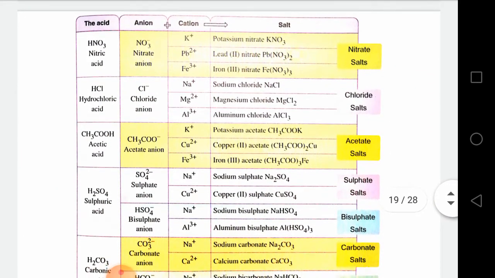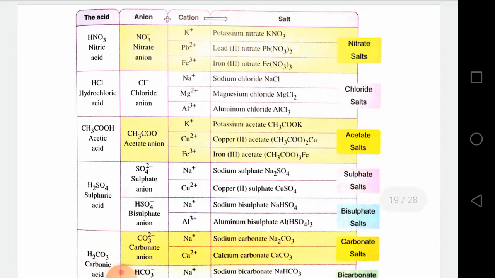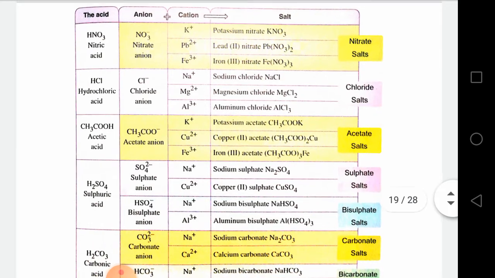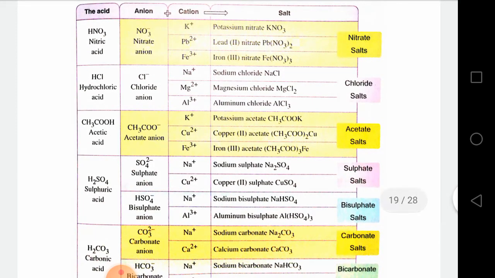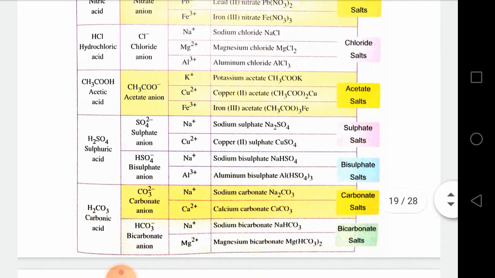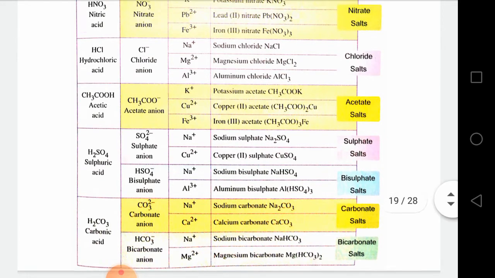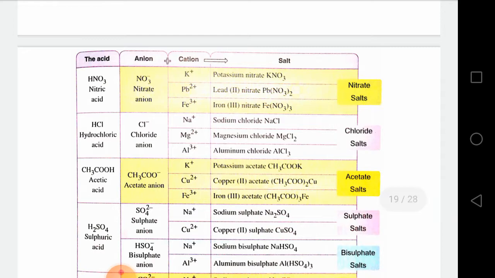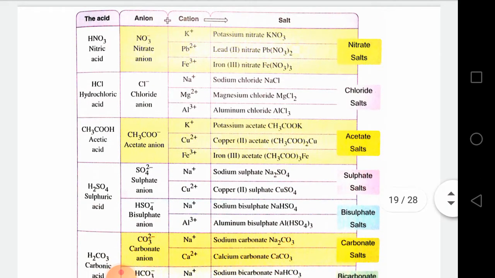This table illustrates different types of salts and their anion and cation radicals. This table is found in your box. You can read it and take more information from it.